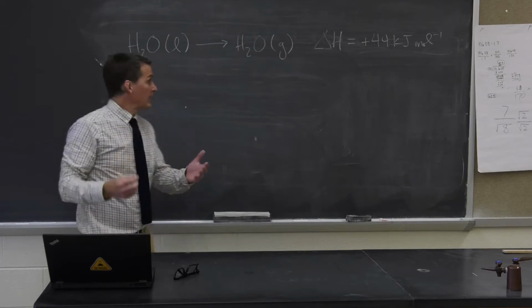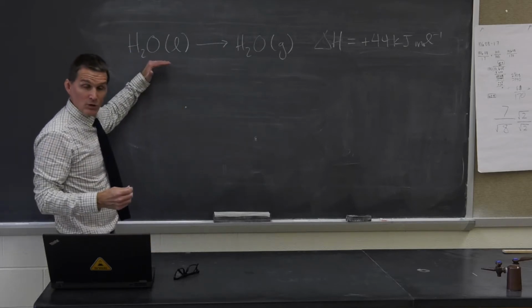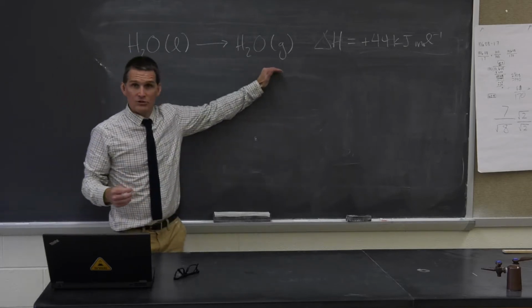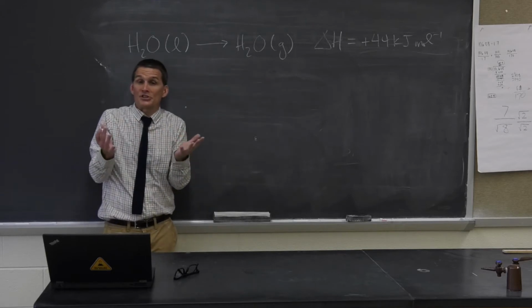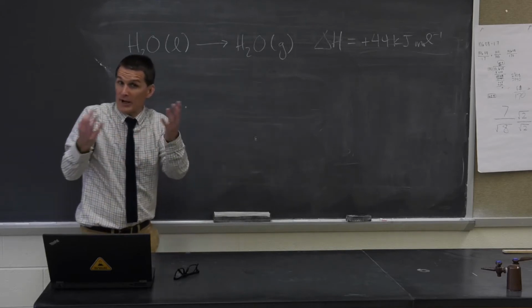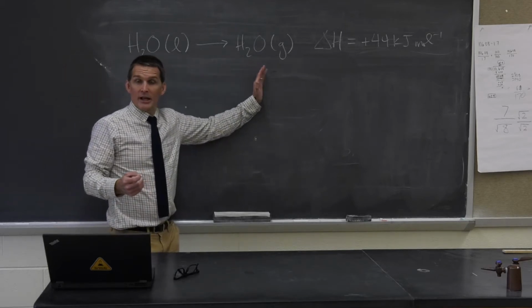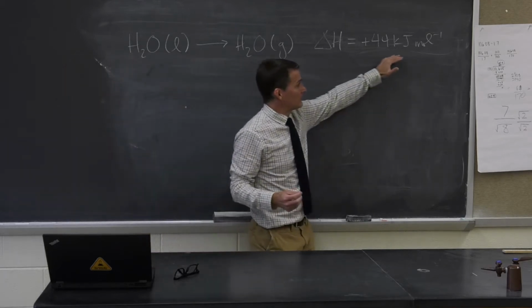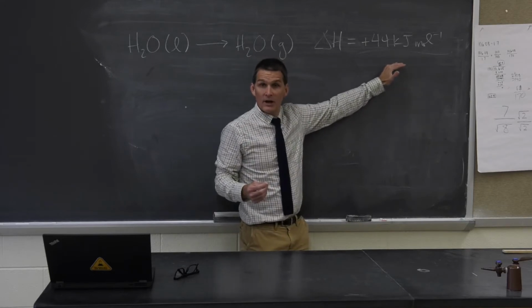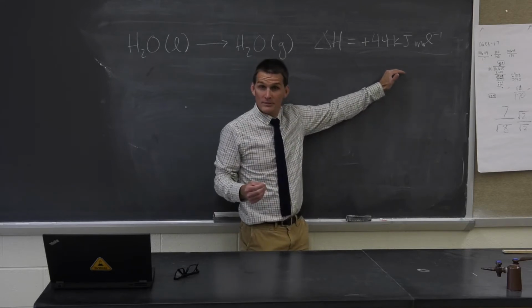And we should recognize that this particular change, liquid water going to gaseous water, just represents a change of state. It's boiling or it's evaporating. And so this change, we would call the enthalpy of vaporization of water.